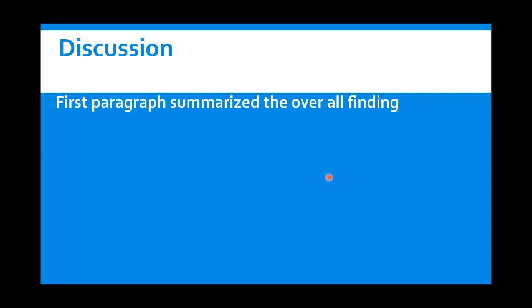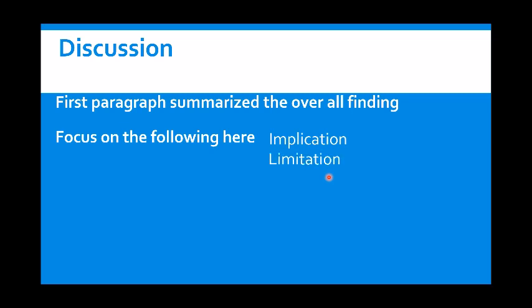Usually, the first part of the first paragraph of the discussion will summarize the result. It depends on the journals and the space they give you for discussion. You might express all the findings, or you might express the important positive or important negative findings. The discussion will focus on the implication of the study, and because it's a discussion, you can exaggerate whatever you like. But it also tells the limitation.